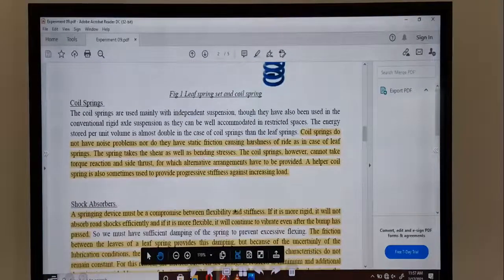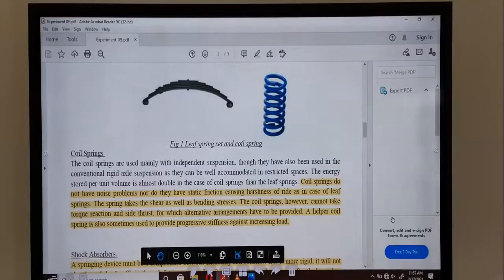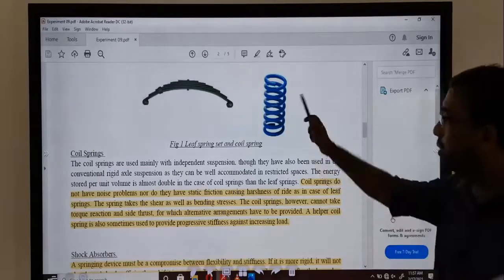So next we go to the next part, coil springs. What are coil springs? A coil spring means there is only a coil spring.